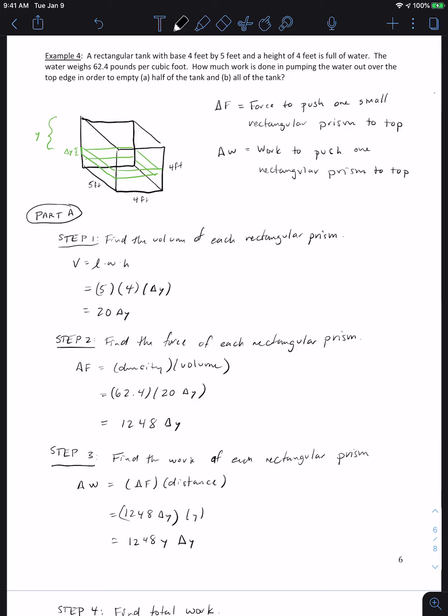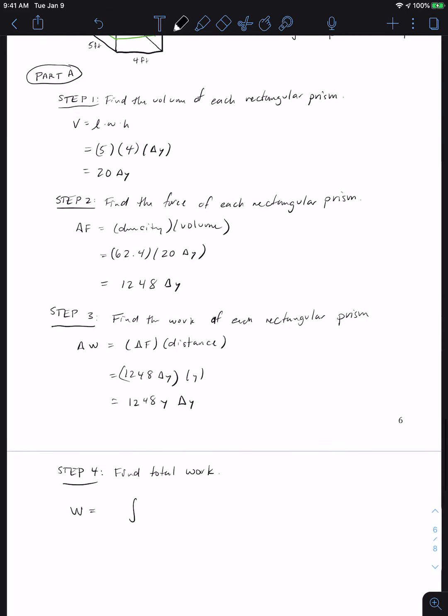So if we want to push half the tank out, what does that mean? Which portions are we moving? Half the tank is 2 feet high, so we're moving the portion from 0 to 2.